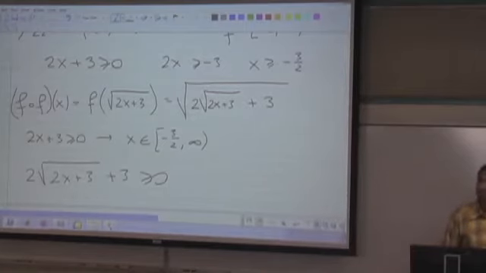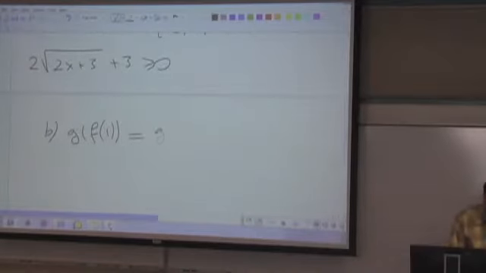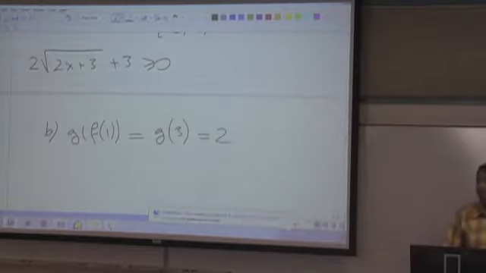What is f of 1? 3. Much better answer. So that is just g of 3. And now what is g of 3? 2. Is everybody understanding this? Yes.